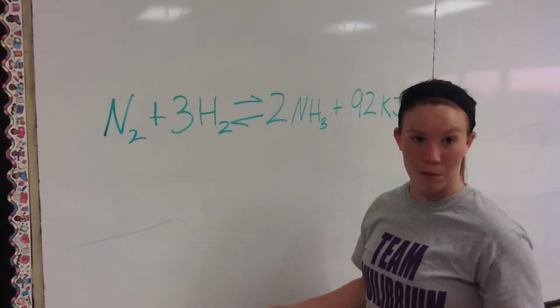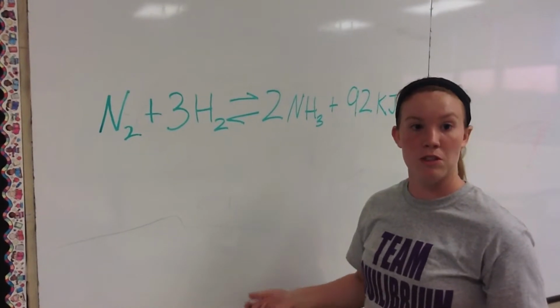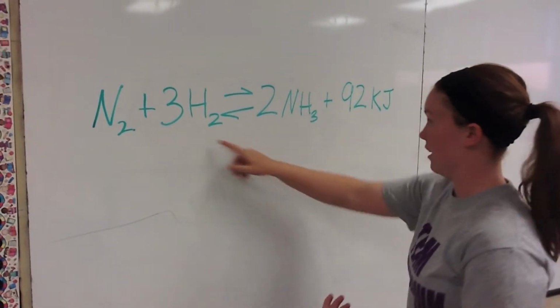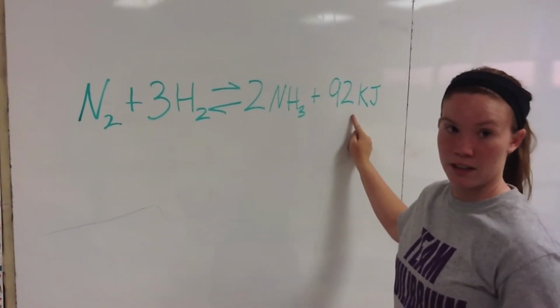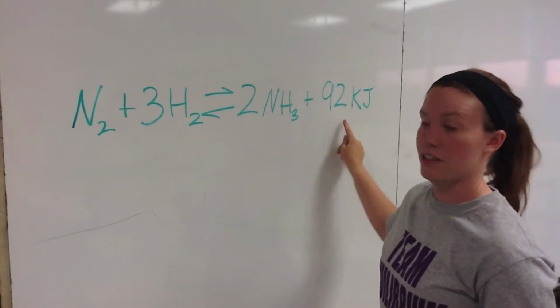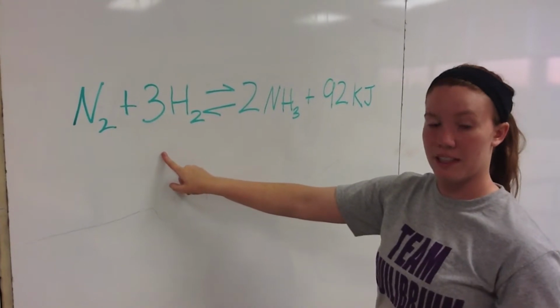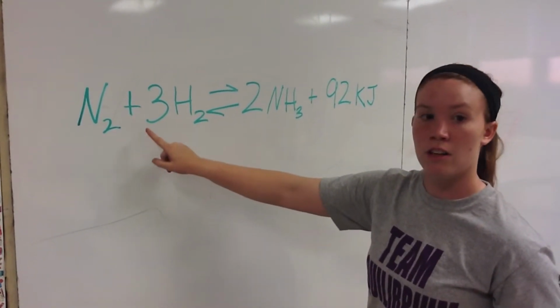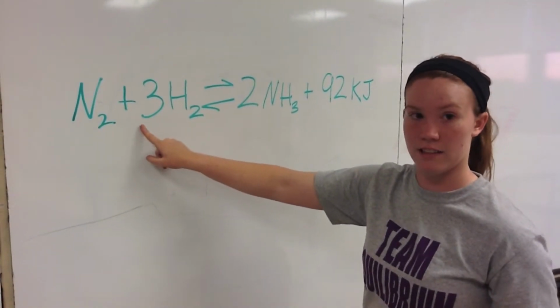If we increase temperature, the reaction will shift in the direction that is endothermic. Because this reaction is exothermic, its reverse reaction is endothermic. Because of this, the reaction will shift to the left, producing more reactants.